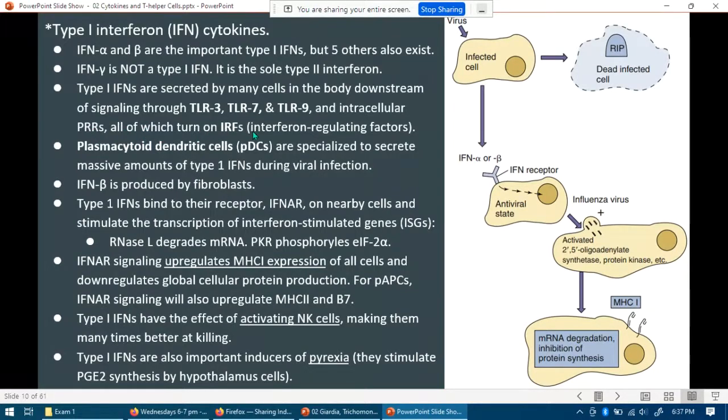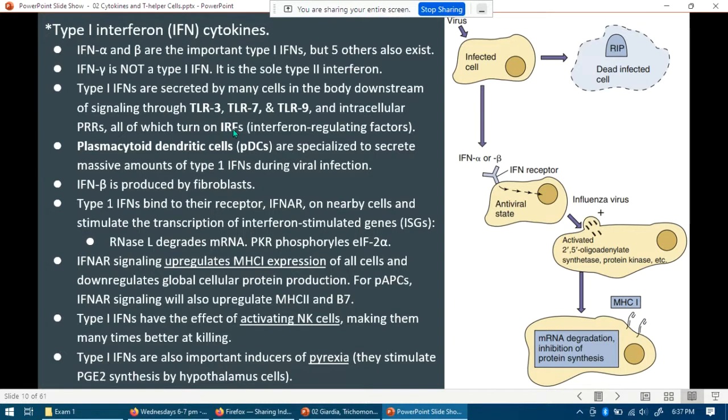And all of them turn on interferon regulating factors. Okay? A virus component, such as double-stranded RNA or DNA that's in the cytoplasm where it shouldn't be, that's an indicator of viral infection, and that can act on these toll-like receptors and cause the turning on of interferon regulating factors, or IRFs.